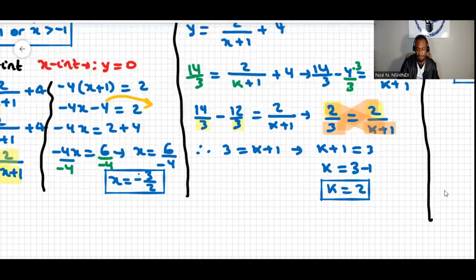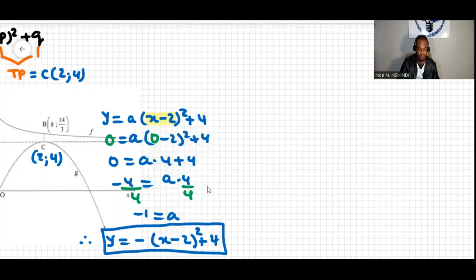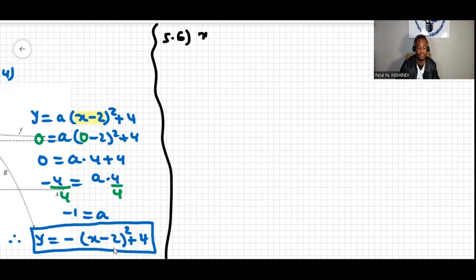Move my board here like that. Question 5.6. So we're looking for the value or values of x for which f of x over g of x be lesser than or equal to 0.